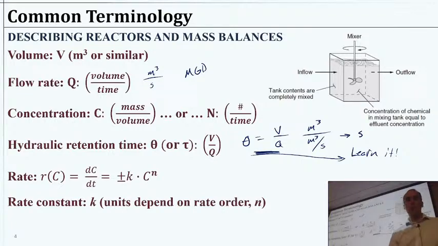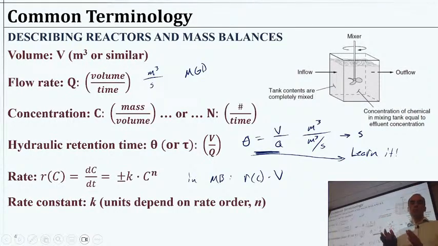So when we write it out in a mass balance, we take R of C times the volume. And I think I should have placed that on the first slide. So I'll fix that in a moment. Because the rate of change of a concentration multiplied by the volume gives us a mass per time change.